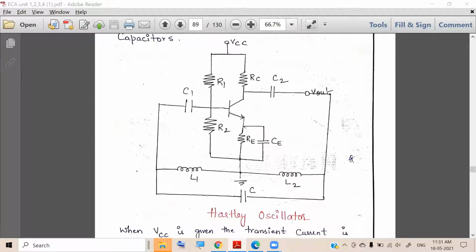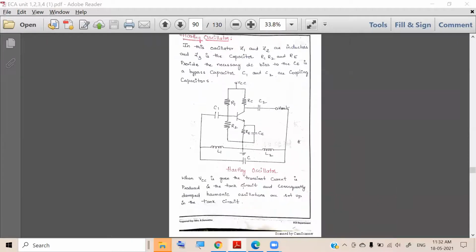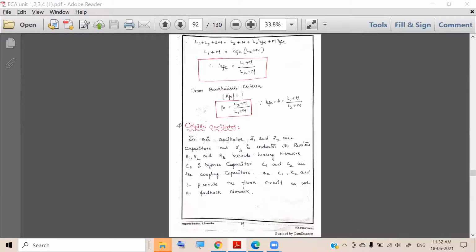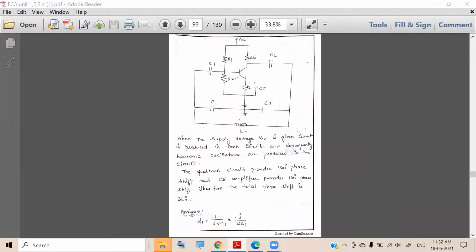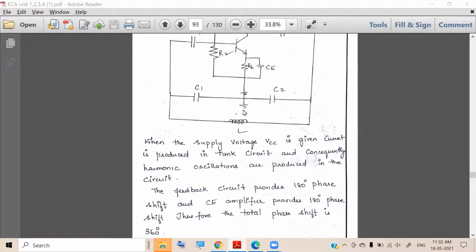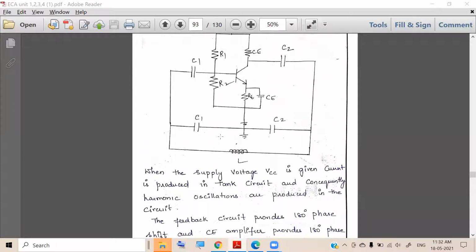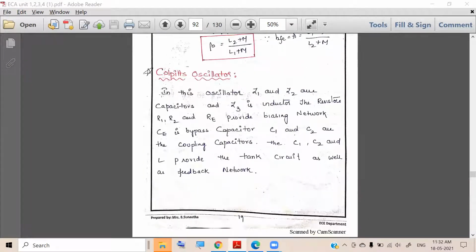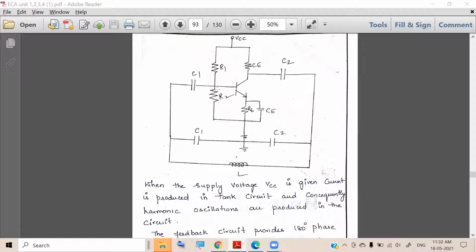Colpitts oscillator: two capacitors, one inductor. This is the circuit diagram of the Colpitts oscillator.